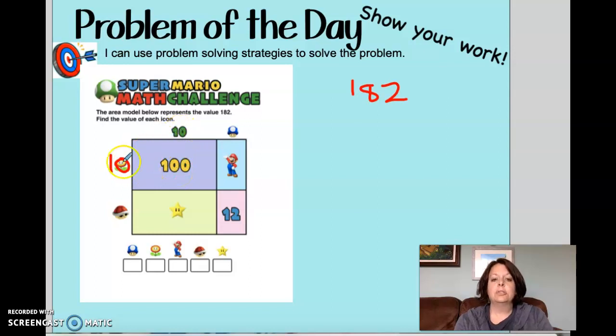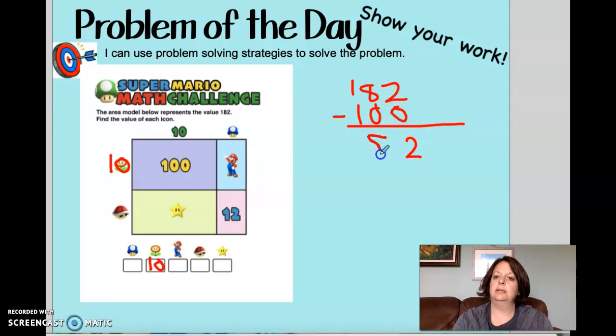So I'm going to make a 10 for the star. And then I'm going to subtract 100 from 182 because we've already figured that out. So 2 minus 0 is 2, 8 minus 0 is 8, and 1 minus 1 is 0. So we've got 82 for all of this.